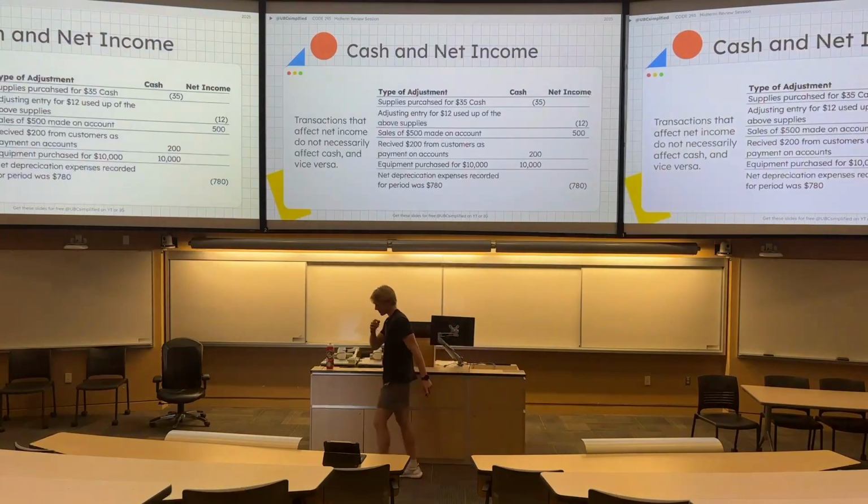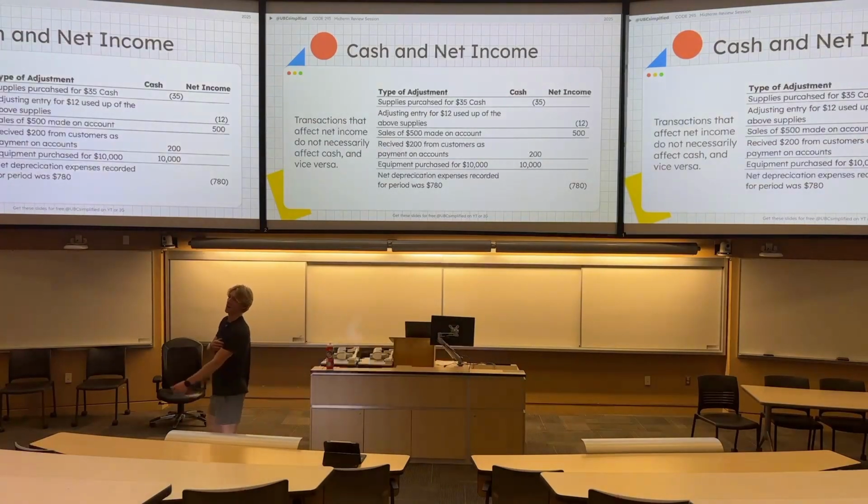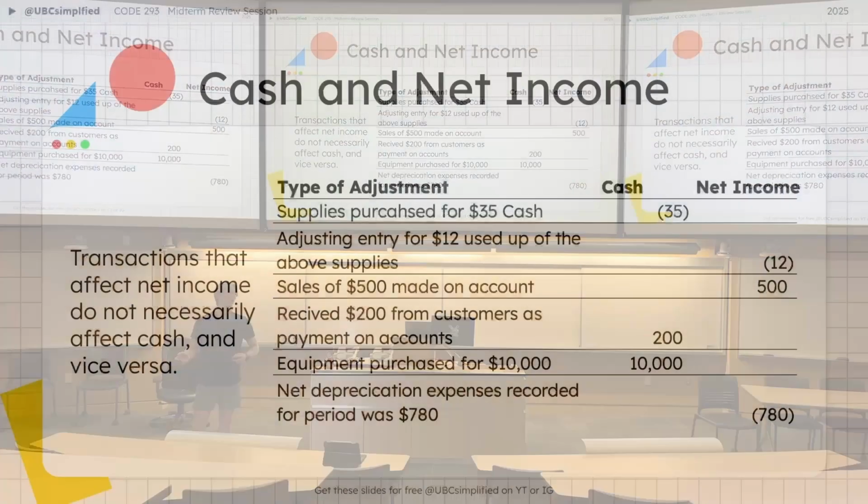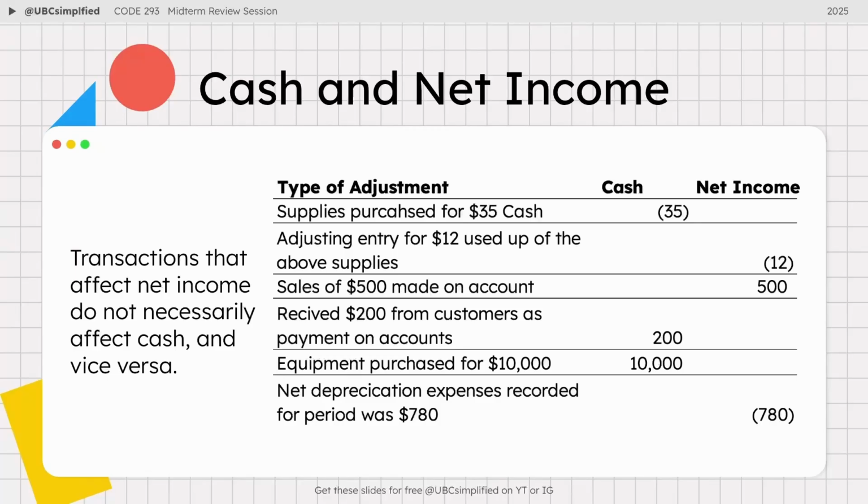Okay, so there's a little bit of a difference between cash and net income. There are a few things that can affect cash and not affect net income, a few things that can affect both, and a few things that can affect only net income. Just keep in mind that there are different things. Your net income does not equal cash because you have things like receivables and payables, which can adjust it. Let's say you purchase supplies. You purchase your supplies with cash, but supplies are considered an asset, so it's not affecting your net income.